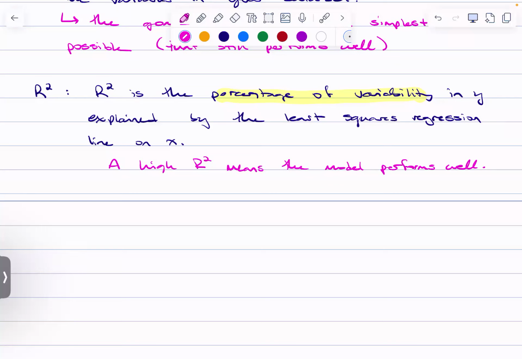So we've seen that before. Right? For example, if I've got an R squared of 0.49 versus an R squared of 0.73, I want this one, right? That one performs better. It's capturing more of the variability in Y, right?